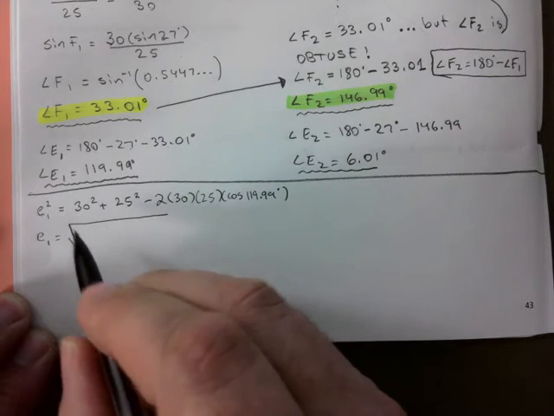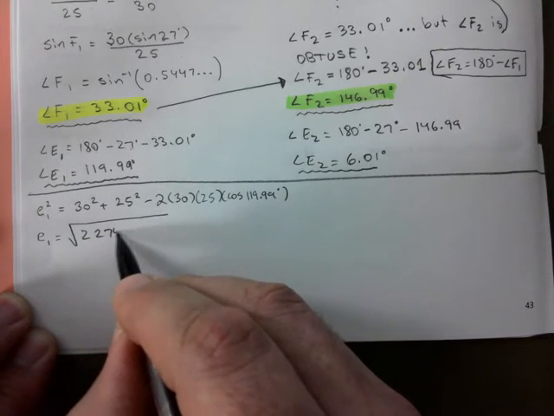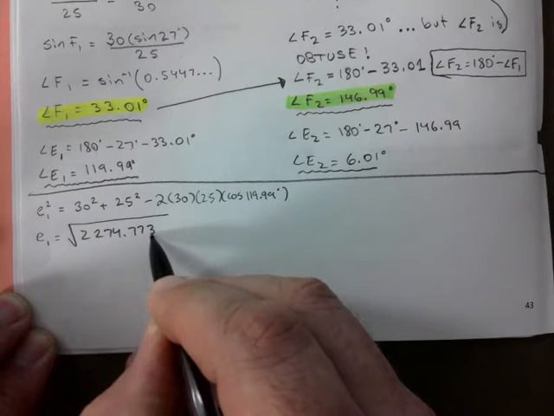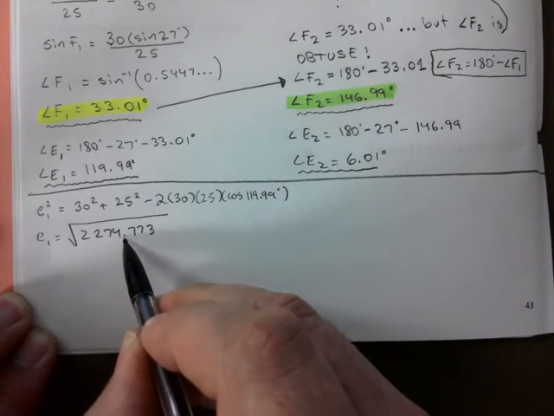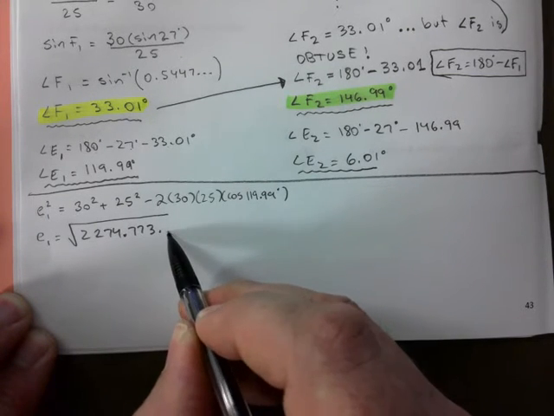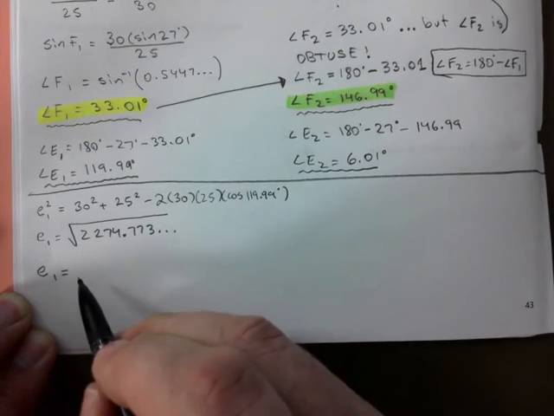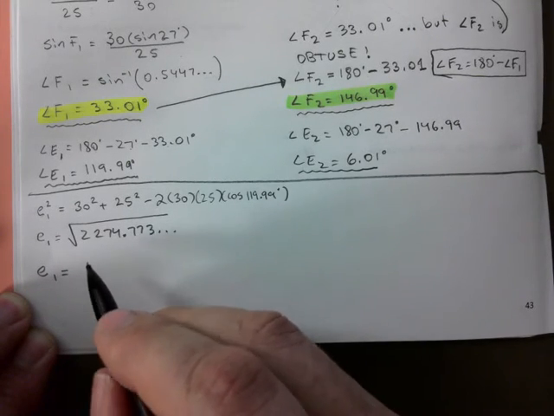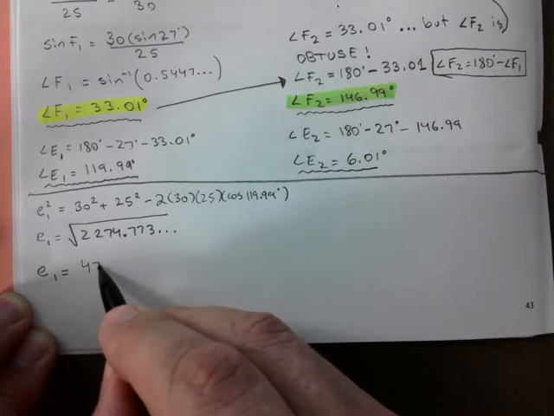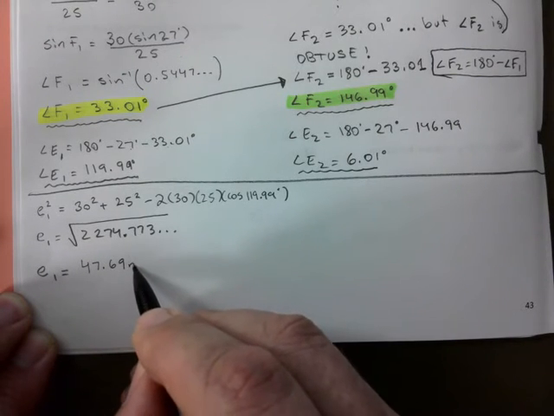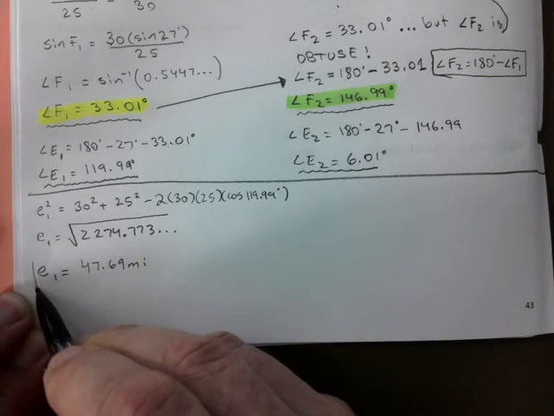Because I'm square rooting. So that's 2274.773, and that keeps going. So E1 is 47.69 miles. And that I will box in.